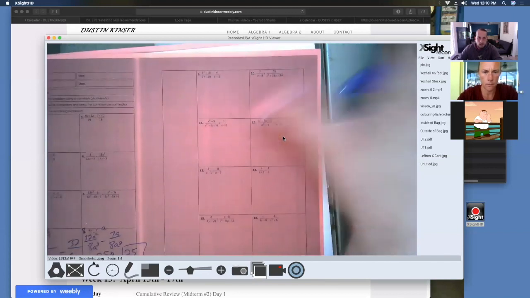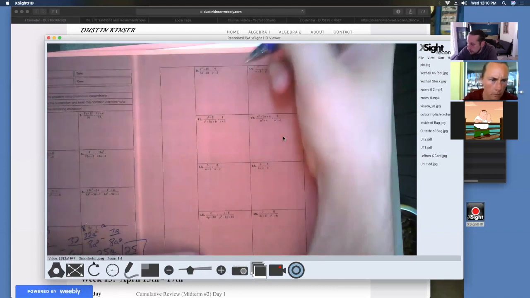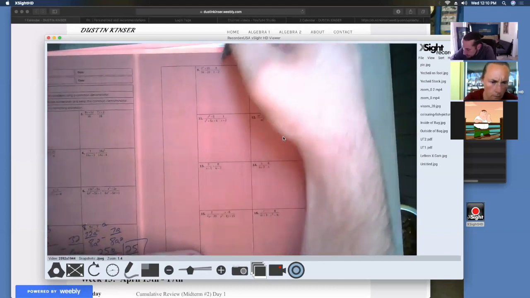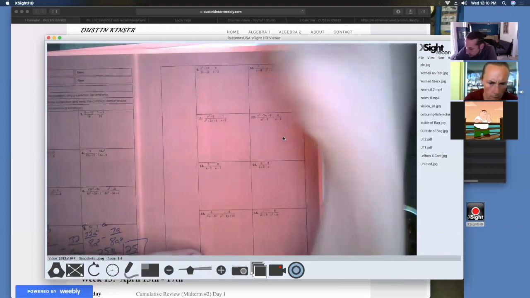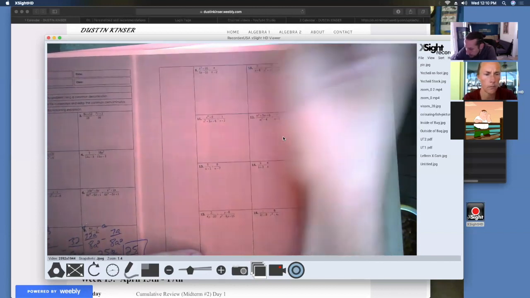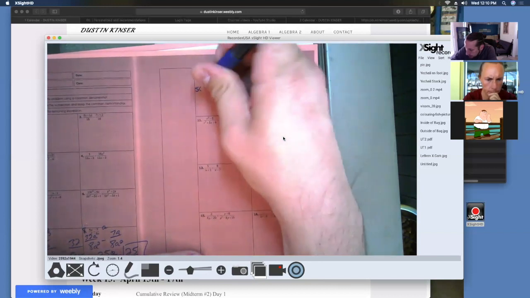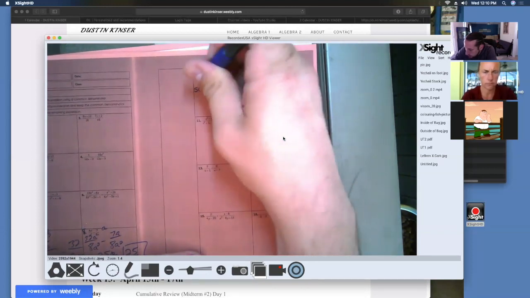All right, so number 9. I can factor this out, so I can pull out a GCF of 5 from 5k minus 10. If I pull a 5 out of that, I'm left with k minus 2.